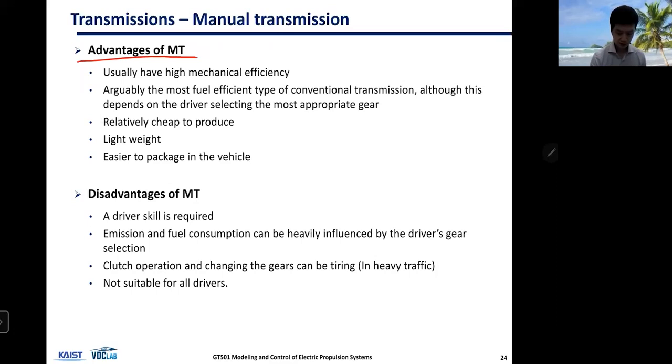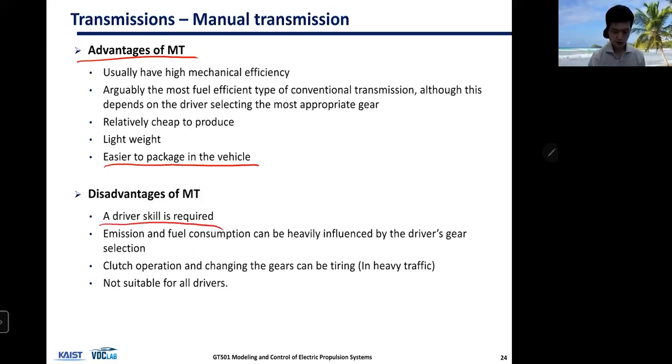it's relatively cheap, lightweight, easier to package in the vehicle. But packaging, there are other options actually that give you better packaging. But anyway, these are advantages, and let's look at disadvantages.